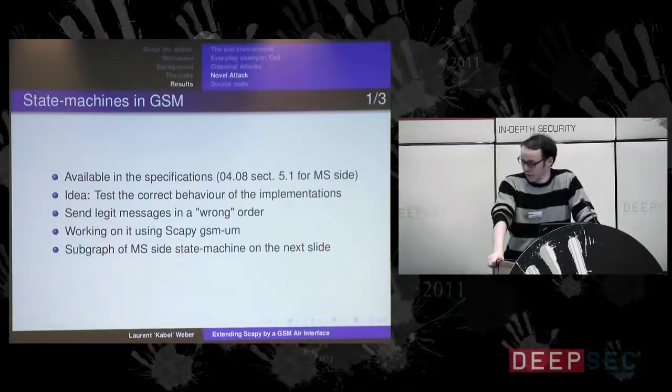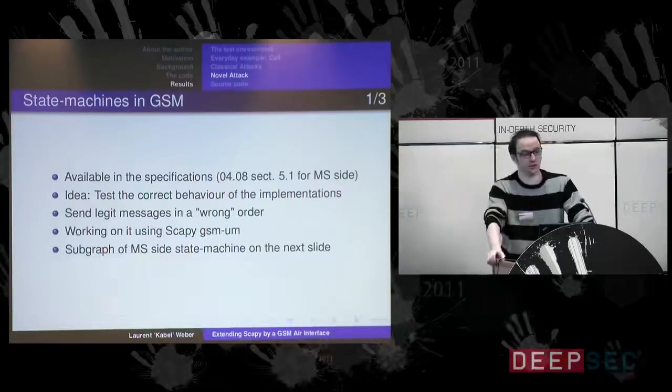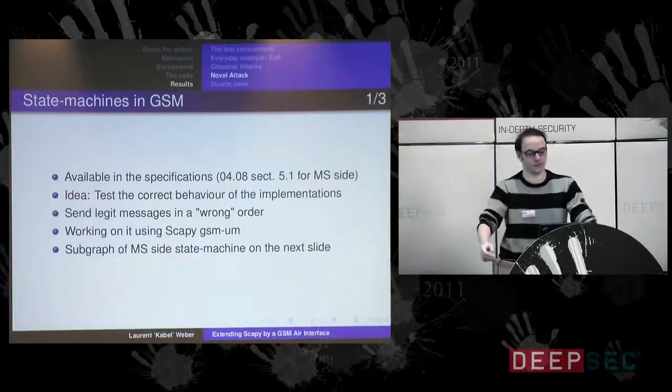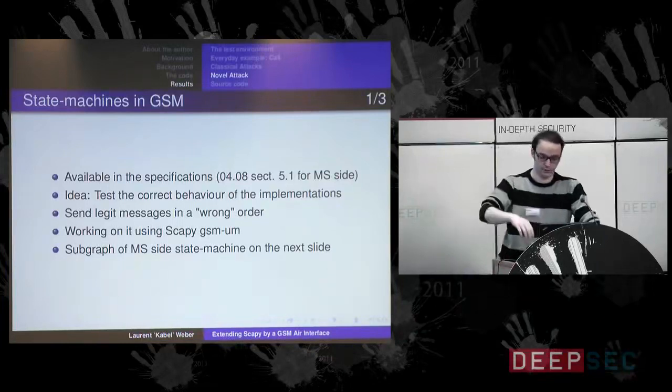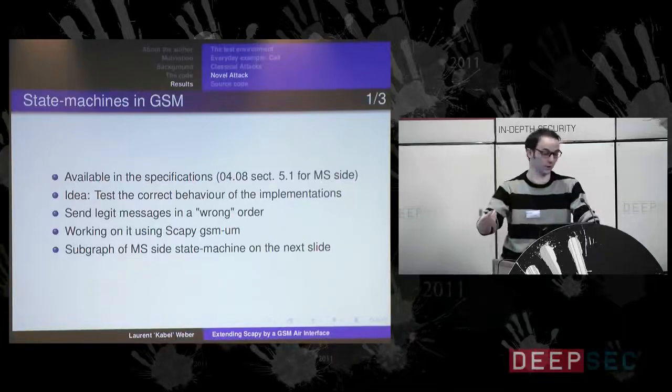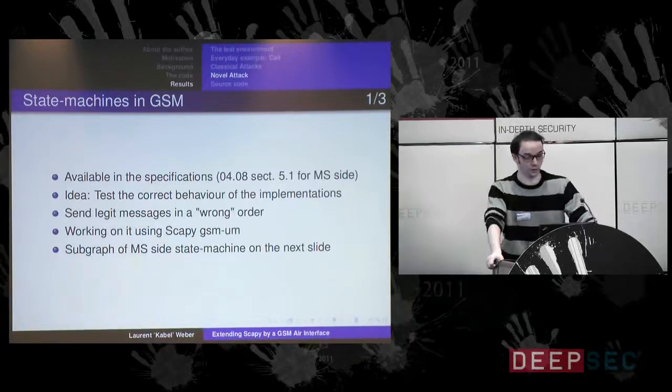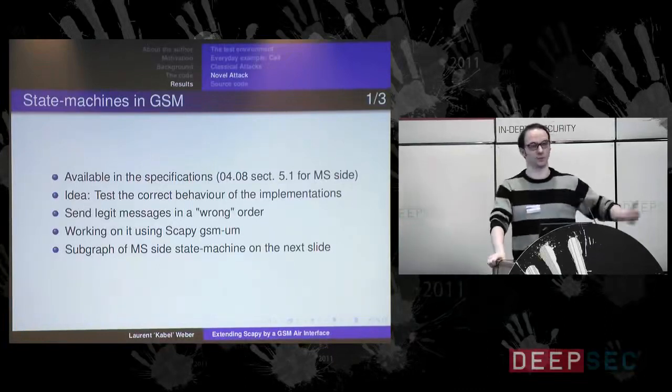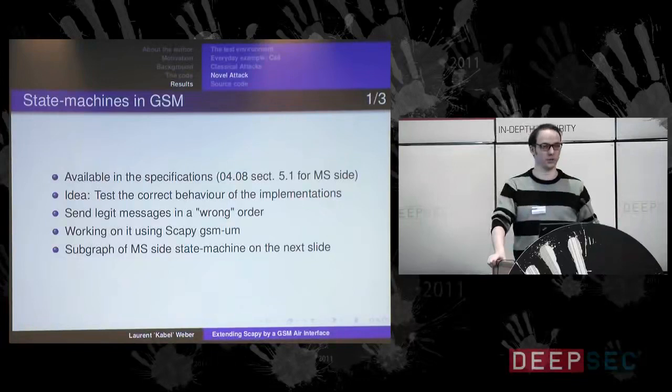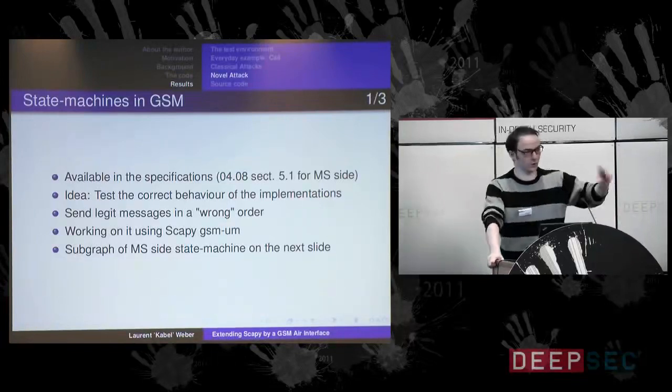The idea behind this novel attack is to test the correct behavior of the implementation by sending correct messages, but in a wrong order. So this would be really easy to do with Scapy, since you could do some programming and the default package you are using are already valid packages. So you could start, for example, by sending the basic package with the smallest packet, and then try to add more information elements and change the order of the packet.